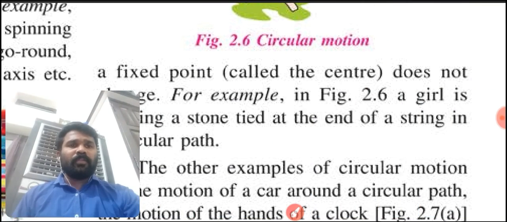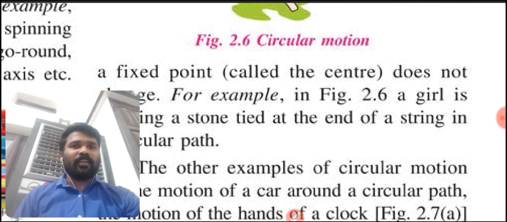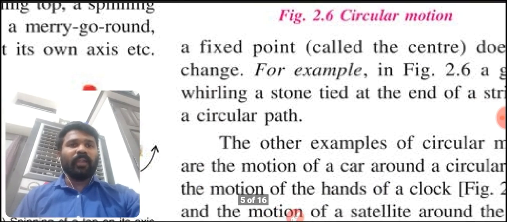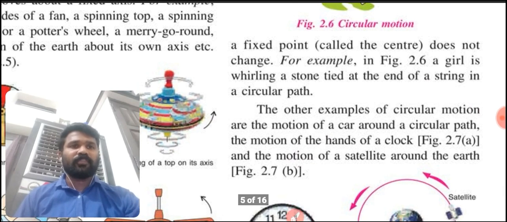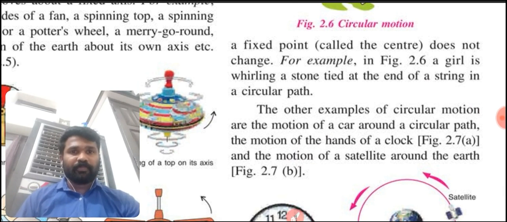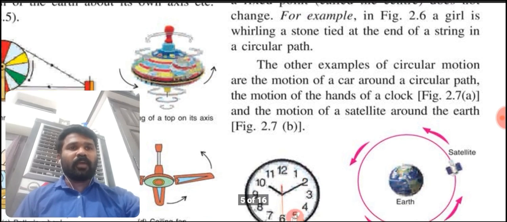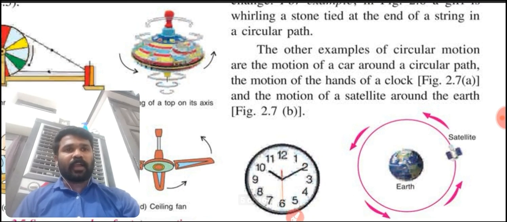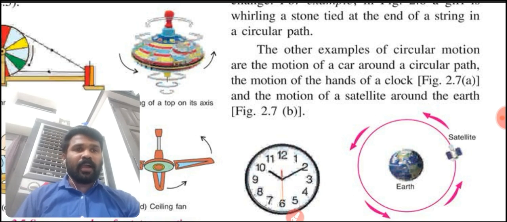For example, in figure 2.6, a girl is whirling a stone tied at the end of a string in a circular path. The other examples of a circular motion are the motion of a car around a circular path, the motion of the hands of a clock, and the motion of a satellite around the earth.